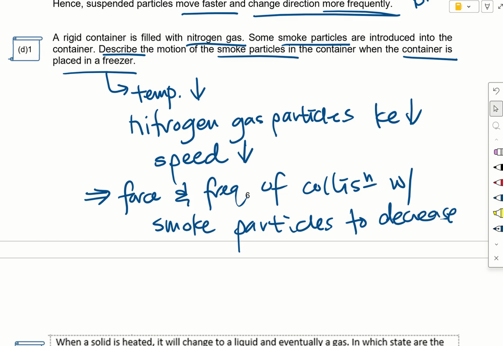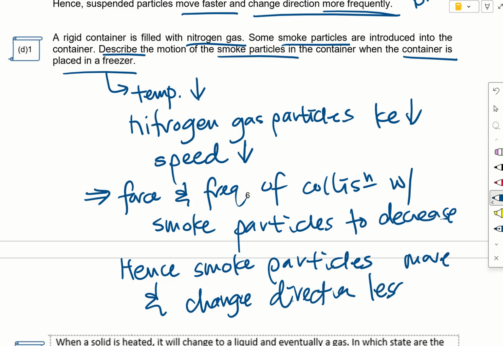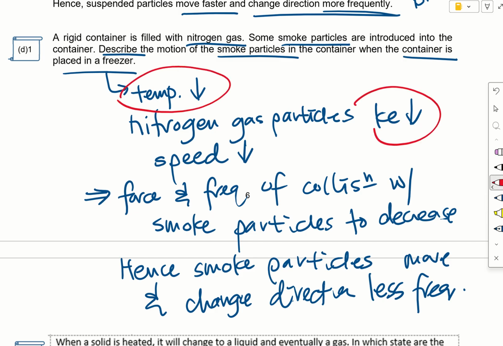And therefore the smoke particles will move slower and change direction less frequently. Okay, so the concept here is you must link the change in temperature to the change in KE.